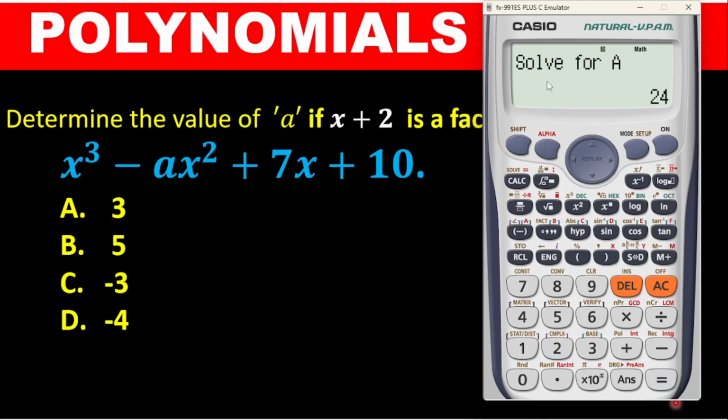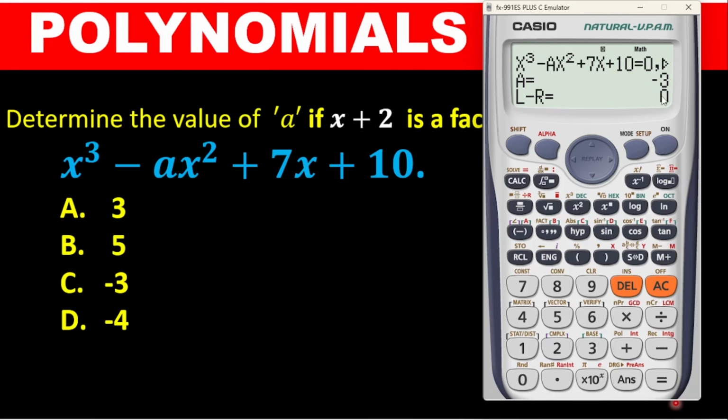Now it is asking you, are you sure you still want to find A? If you are sure, then go back and press the equal sign button again. So once I press the equal sign button, now I have an answer. Remember, I told you to be sure, always L minus R should give you 0.